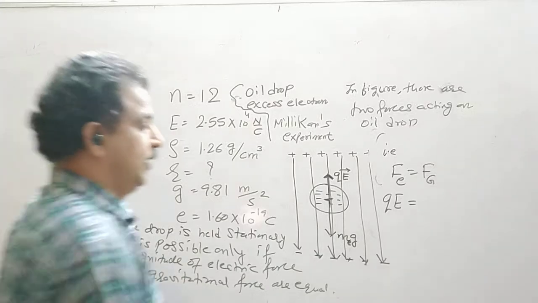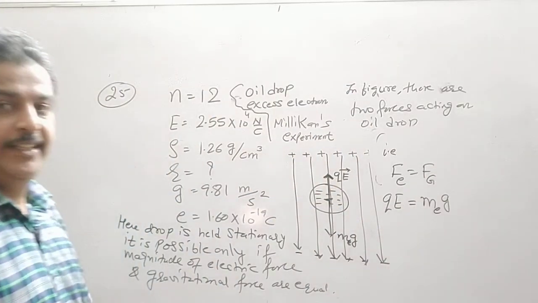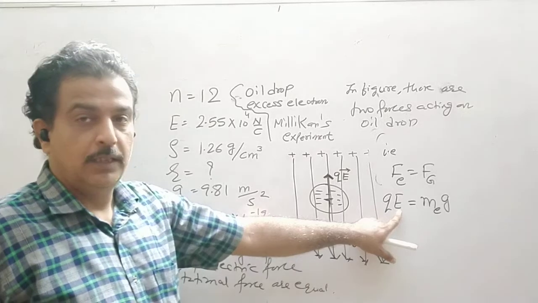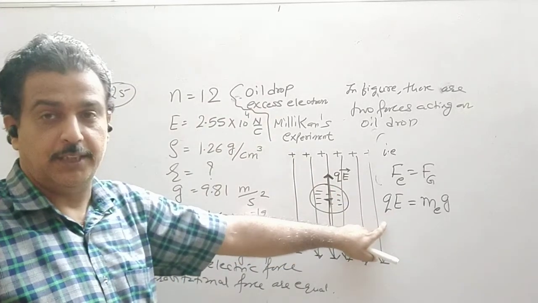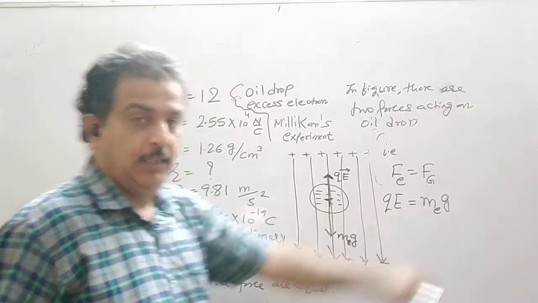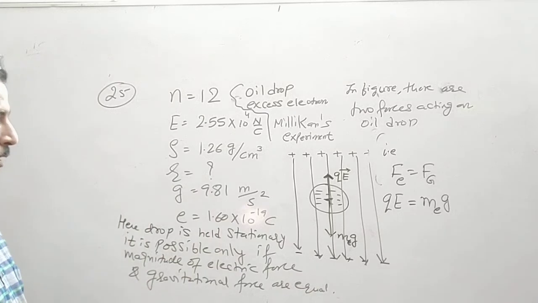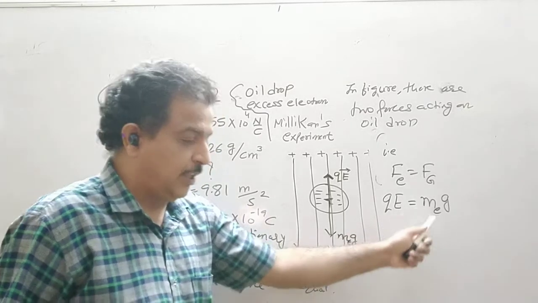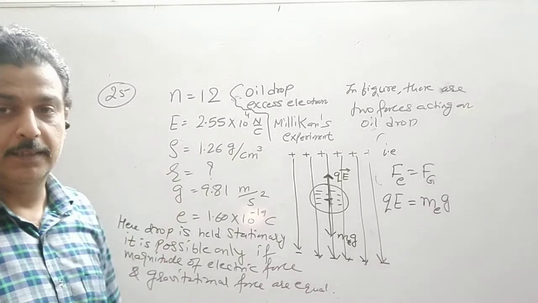And for the gravitational force we have written m_e g. E is given to us. For q, there are 12 excess electrons. So by quantization, q equals Ne. So q is not a problem. g is given. Mass of the drop, but we have to find out the radius.